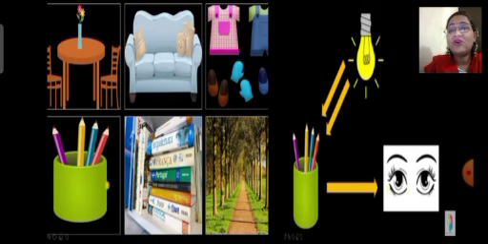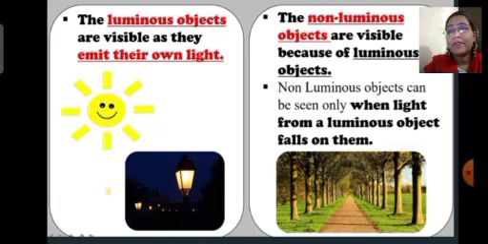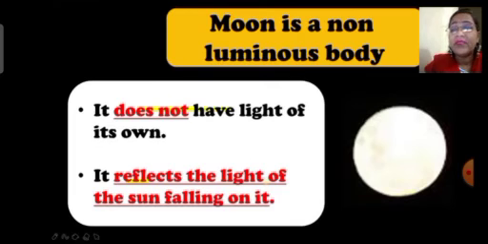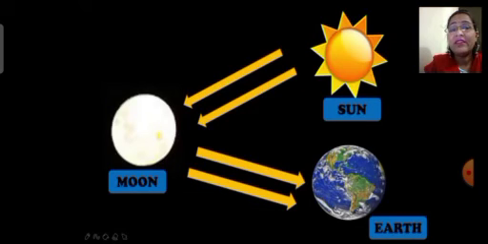Now we'll talk about a non-luminous object, the moon. Is the moon a luminous object? No, the moon is a non-luminous object. It does not have its own light. When light from the sun falls on the moon, it reflects the sunlight falling on it. When we see this reflected light coming from the moon, we consider it the moon's own light, but this is not true.